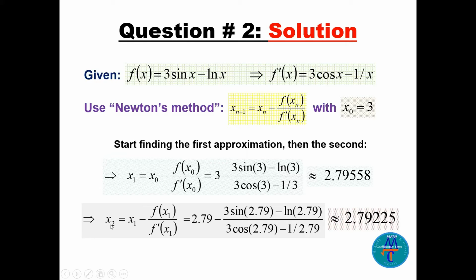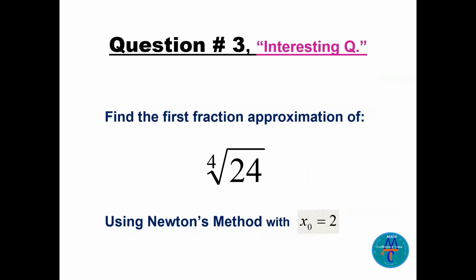Then when you find the second approximation, x sub 2, it will be x sub 1 minus f of x sub 1 divided by f prime of x sub 1. Also, you need a calculator here to get 2.79225. So the more approximation you make, the better value for the zero of the function.